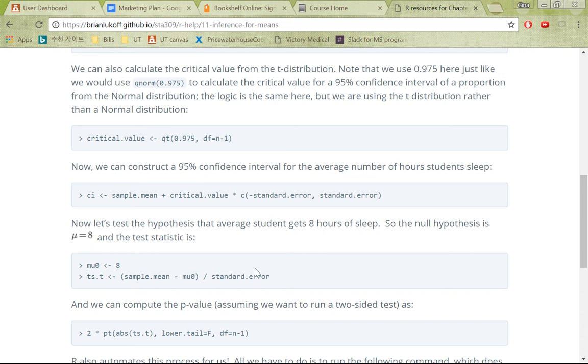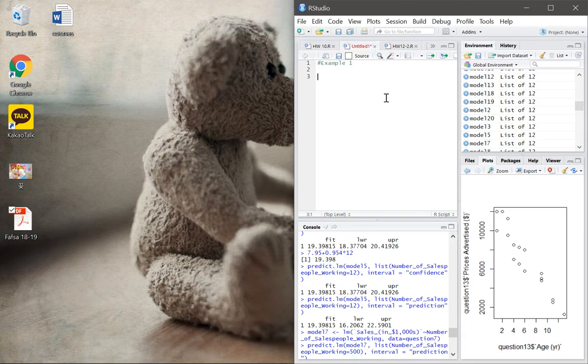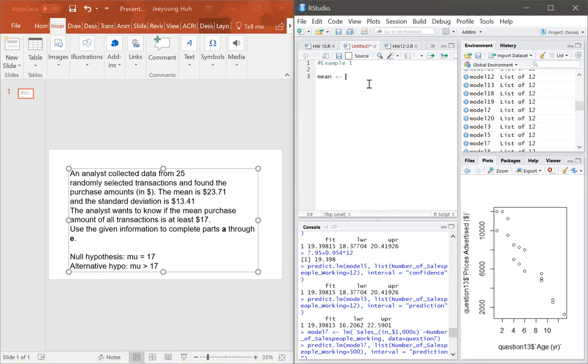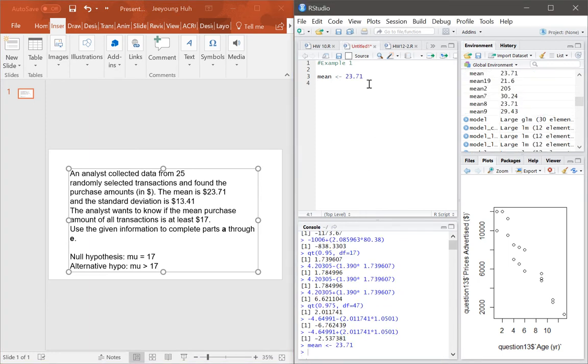So we'll do that first. So first we're going to do the mean. And in this question, what was the mean? It was 2371. So we're going to put that in there.